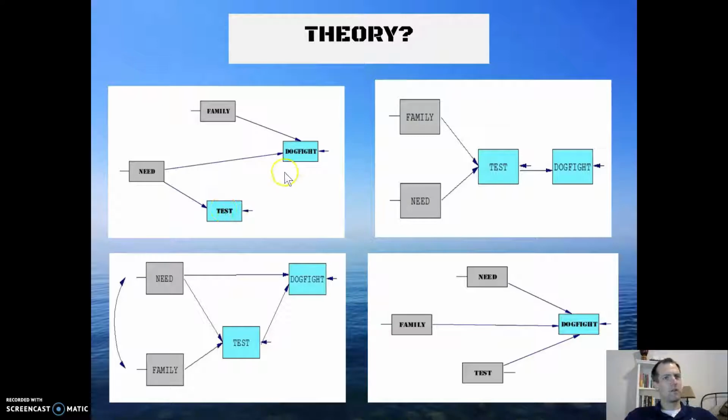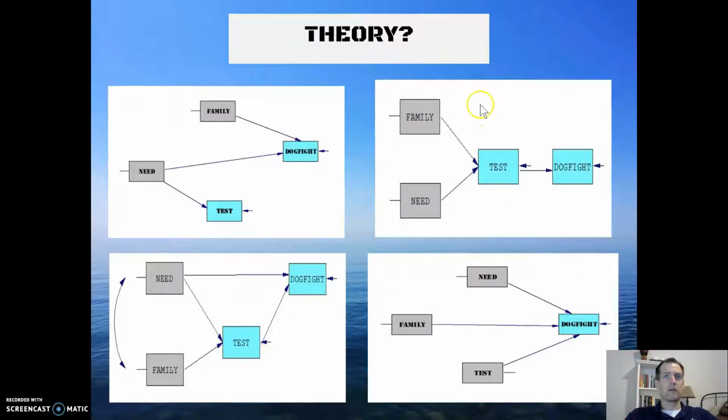But test not affecting dogfighting? Well, we developed the test for that reason. We might think that test does that. And then family has an effect on dogfighting, but family not having an effect on tests? I mean, we know intelligence runs through families, so maybe that might need to be changed.